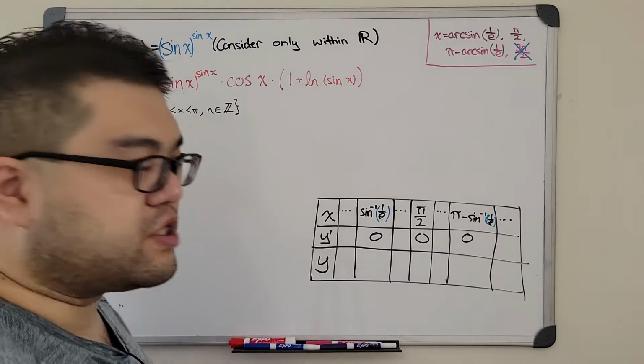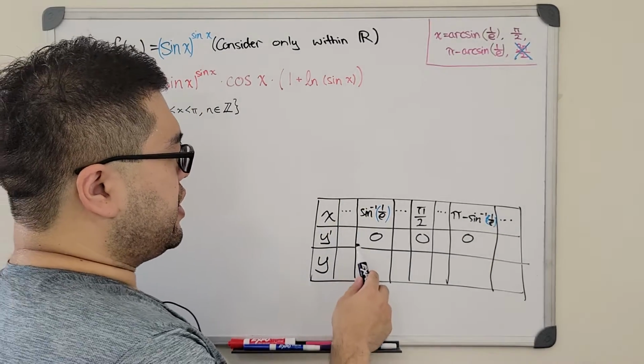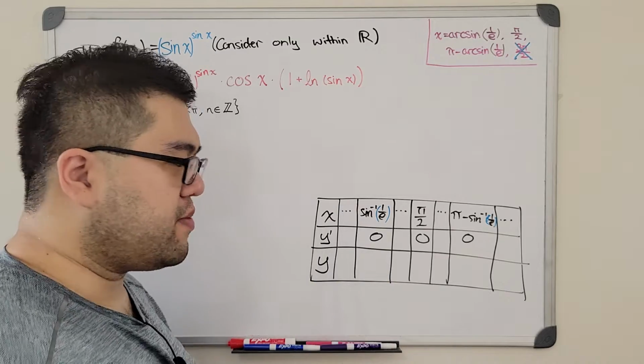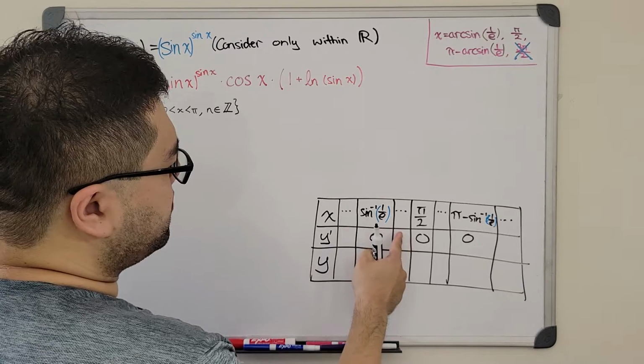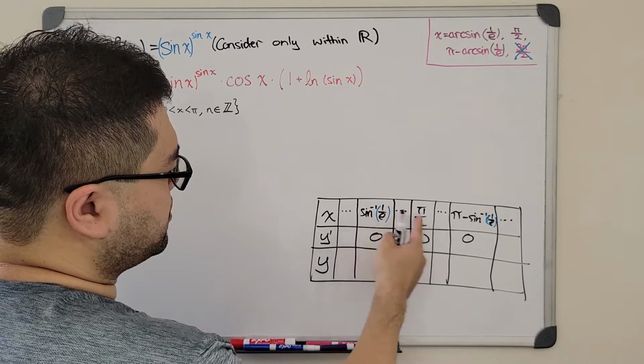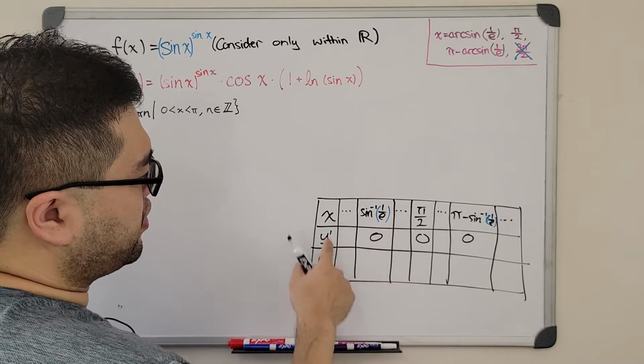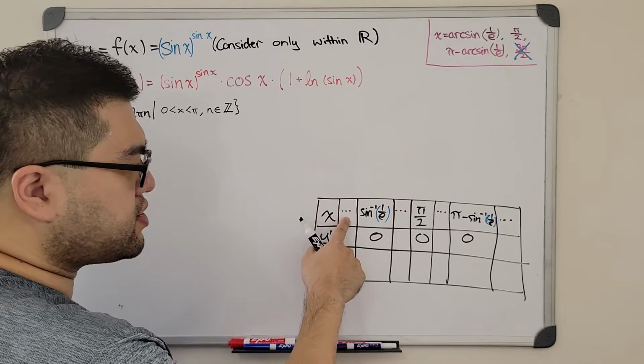So in order to determine whether they're relative maximum or minimum, we need to choose some points in between the 2 points that we have, meaning that we're going to choose some points in the 3 dots.